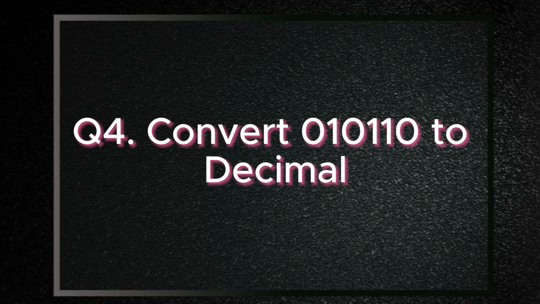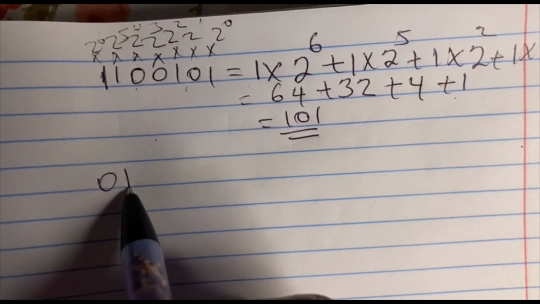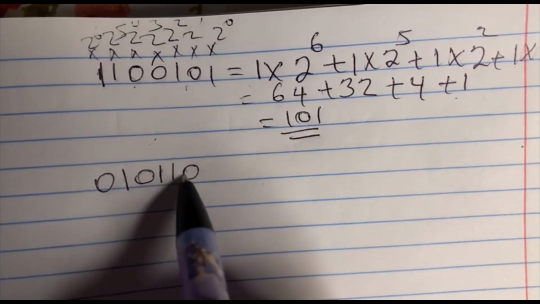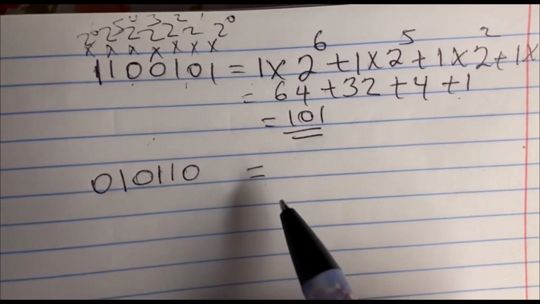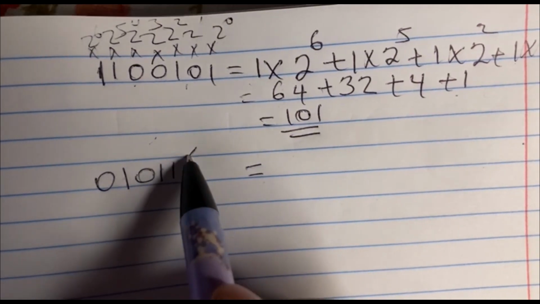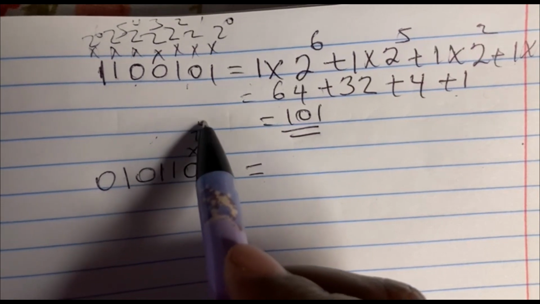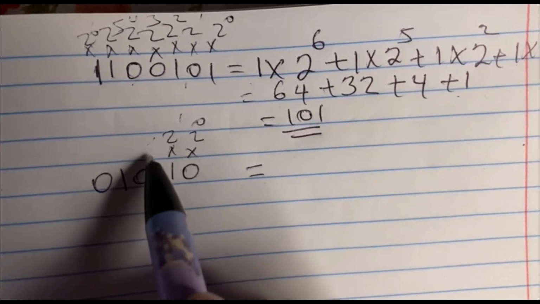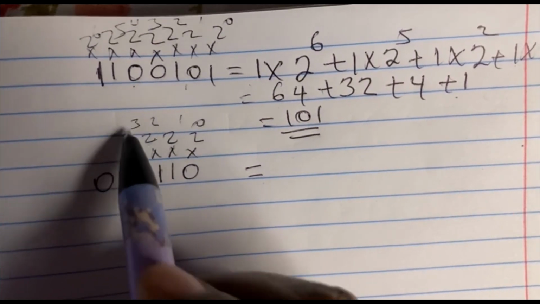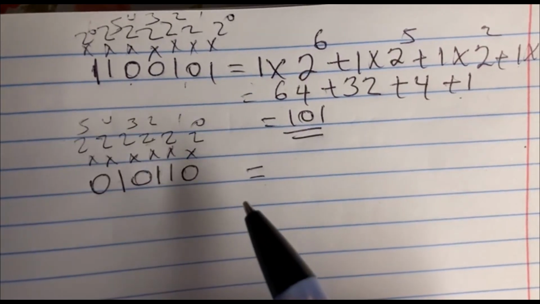Let's see the number 010110. What will this number be in decimal? Again, we have to do 2 to the power of 0, 2 to the power of 1, 2 to the power of 2, 2 to the power of 3, 2 to the power of 4, 2 to the power of 5.